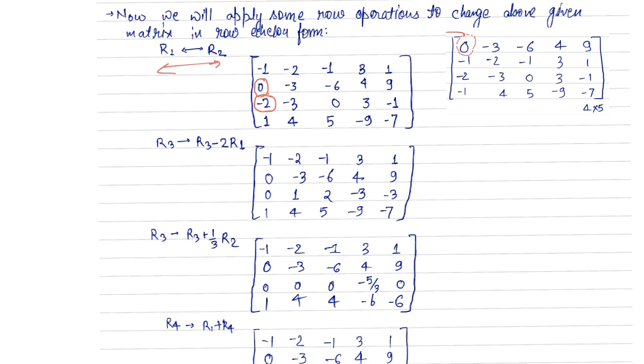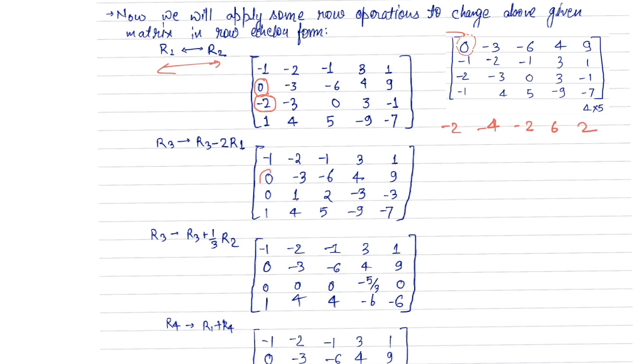If we multiply row 1 by 2 and subtract from row 3, it becomes minus 2, minus 4, minus 2, minus 2, and 6 and 2. Subtracting minus 2 from minus 2 gives 0, minus 3 plus 4 gives 1, 2 minus 2 gives 0, 3 minus 6 gives minus 3, and minus 1 minus 2 gives minus 3.